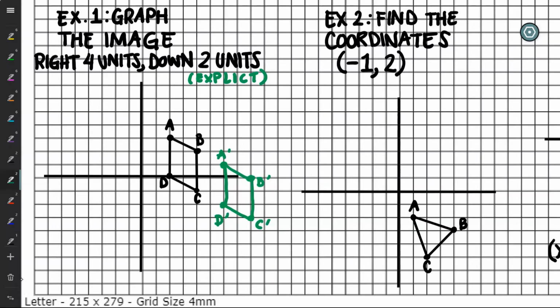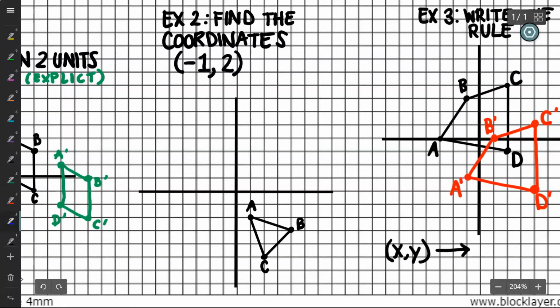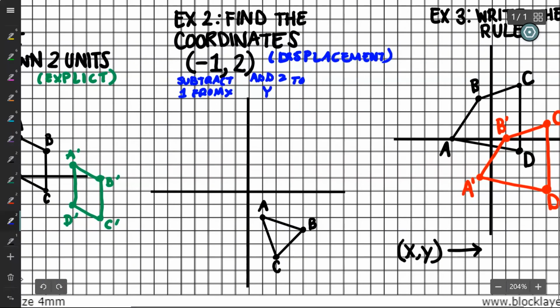All right, easy. So here we have an example of our displacement, which means we're looking at the coordinates of each of these points. And we are subtracting 1 from every x and adding 2 to each y. Alright, so let's start by writing these coordinate points. A is at 1, comma, negative 2.